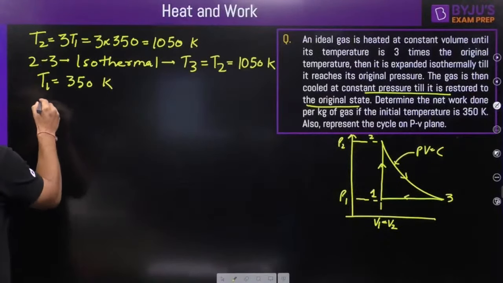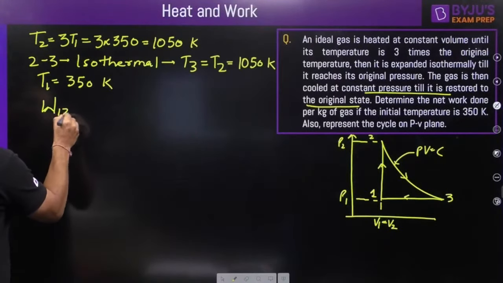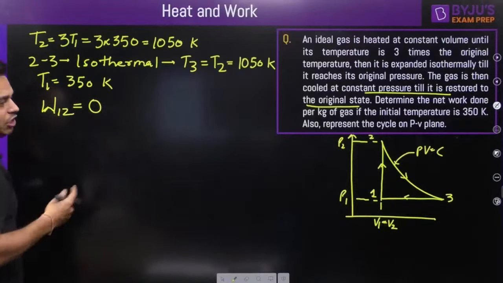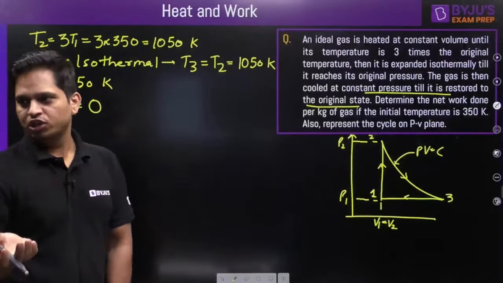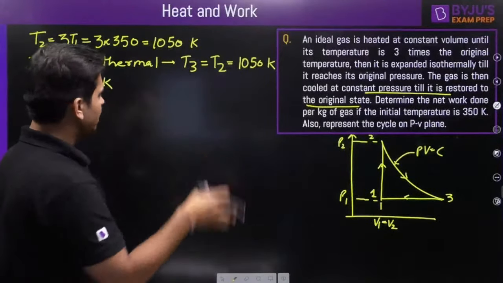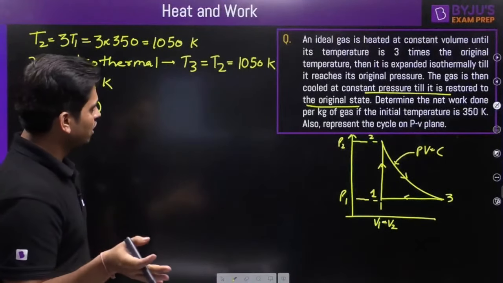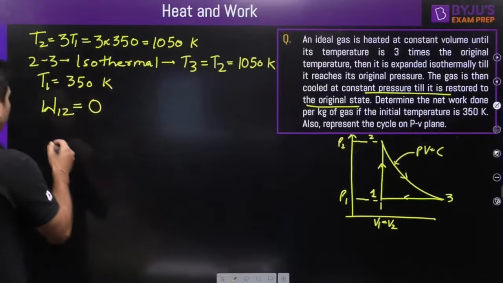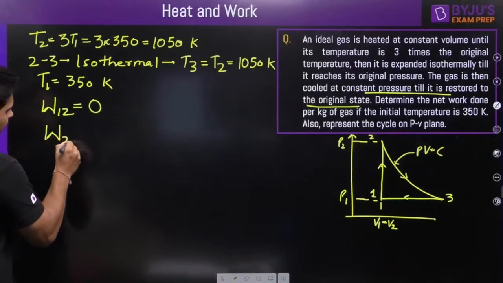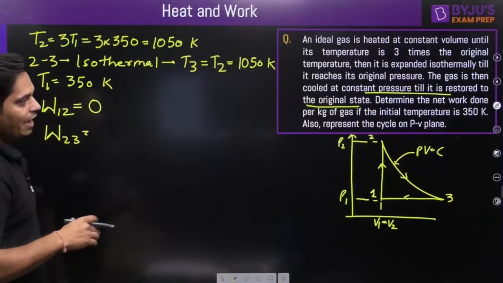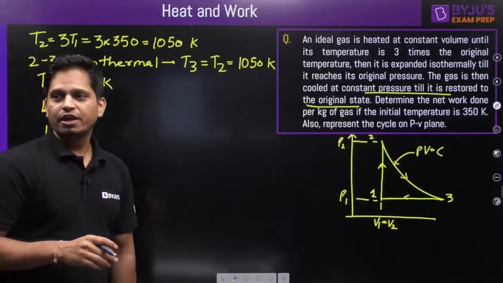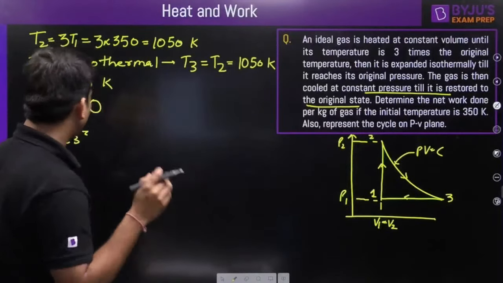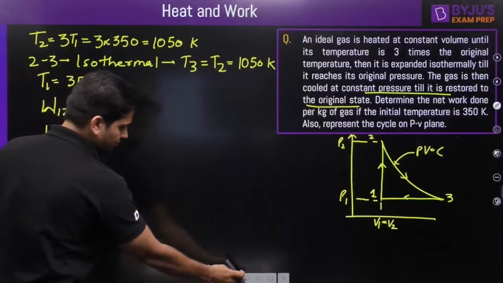Net work we have to find out. W12 will be 0. Constant volume process, I don't think we need to do something. W23 is an isothermal process. And how do you solve isothermal? What is the equation for work transfer?